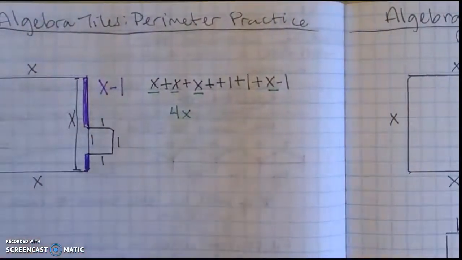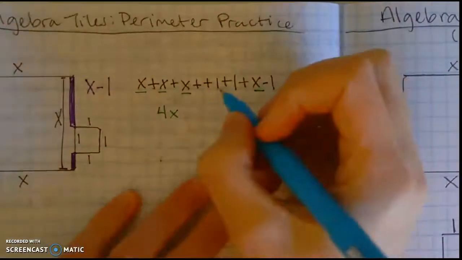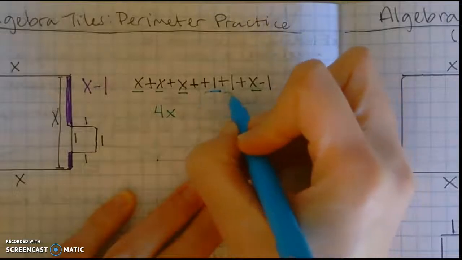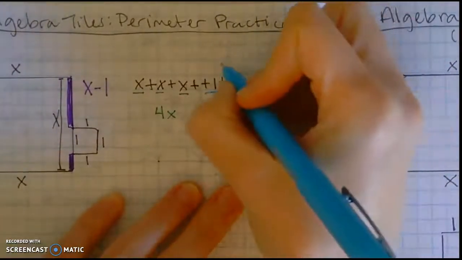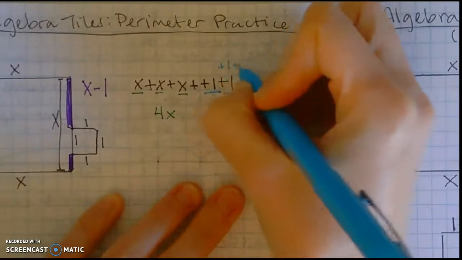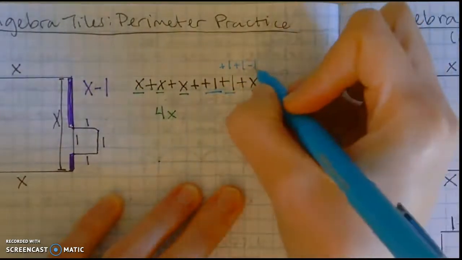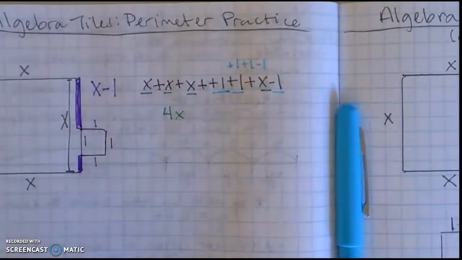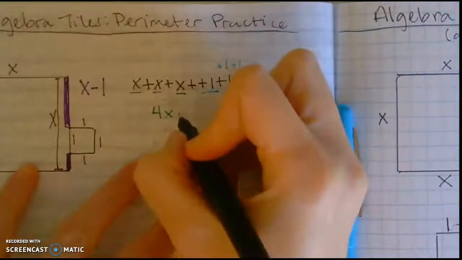Now I'm going to underline all of my numbers that are not attached to an x together. So I have a 1, I have a plus 1, I have a plus 1, and I have a minus 1. So I'm going to just do that up here. Plus 1, minus 1. Well, 1 plus 1 is 2. 2 minus 1 is 1. So I'm still adding because it's a positive 1.